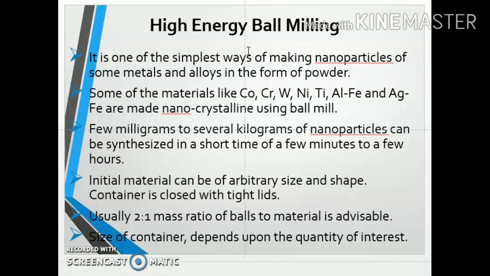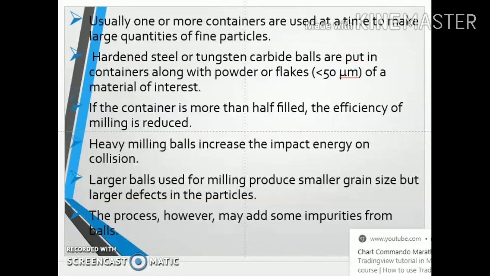The mass ratio of ball to material of 2:1 is usually preferred. The size of the container of course depends upon the quantity of nanoparticles of interest. Usually one or more containers can be used at a time to make large quantities of nanoparticles. Hardened steel or tungsten carbide balls can be used in high energy ball milling.